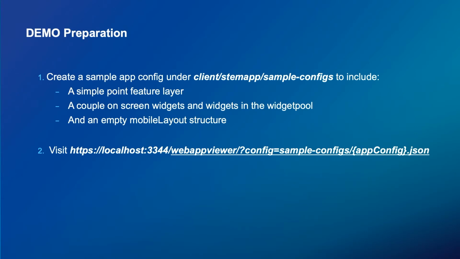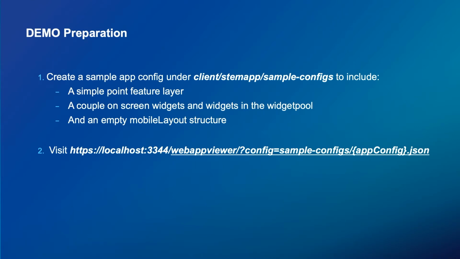I'm going to create a sample app config under the client/stem-app/sample-configs folder just for this demo. Within that app config, it will contain a web map with a simple point feature layer, a couple of on-screen widgets and widgets in the widget pool, and also an empty mobile layout structure. Okay.